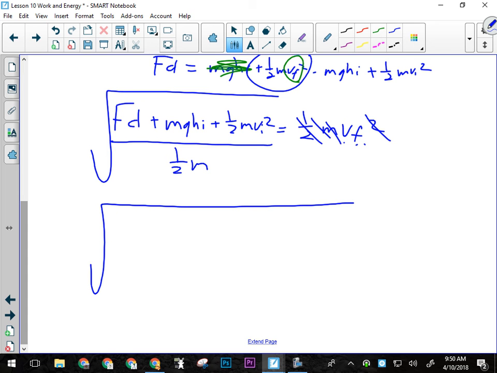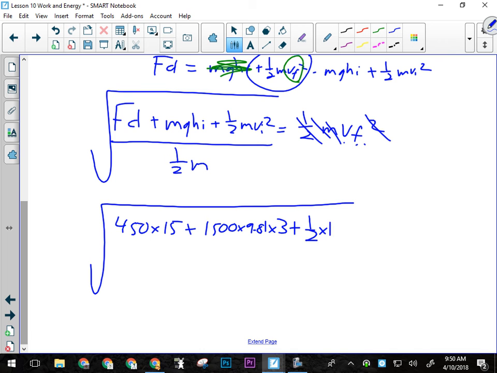All right, so the force is 450 newtons. The length of the ramp is 15 meters. So there's my force times distance, plus my initial potential energy. So that'll be 1500, the mass of the car, times 9.81, the acceleration due to gravity, times the height of the ramp, 3 meters. And I'm going to add on to that the initial kinetic energy.